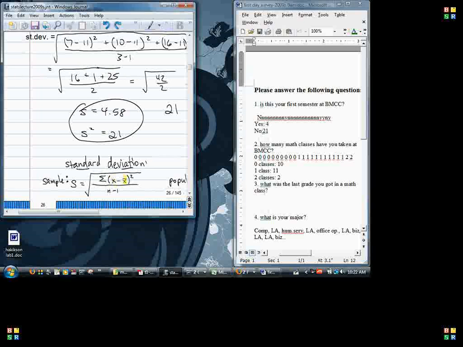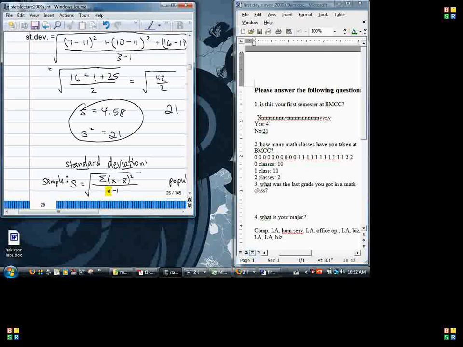And then we square it, and what is n? n is the size. So all we're doing is taking data value minus the mean, squaring it. Once we have that, what do we do with it?